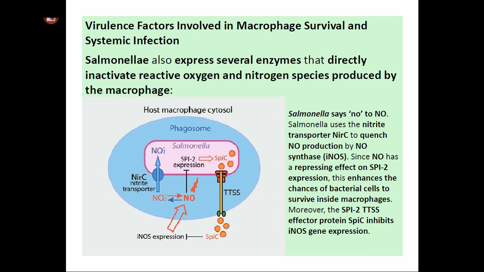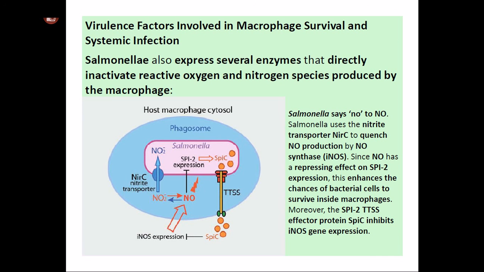It produces several other enzymes like superoxide dismutase or hydrogen peroxidase to break down such reactive oxygen species, but nitric oxide is that dangerous that it can't be restricted using certain kinds of enzymes.